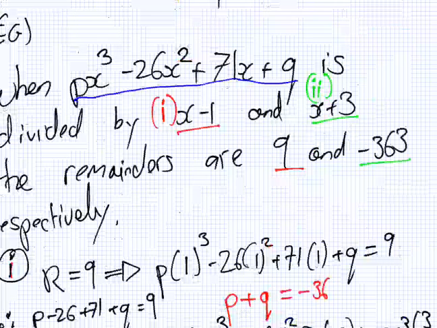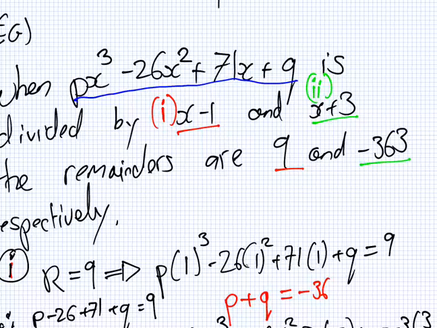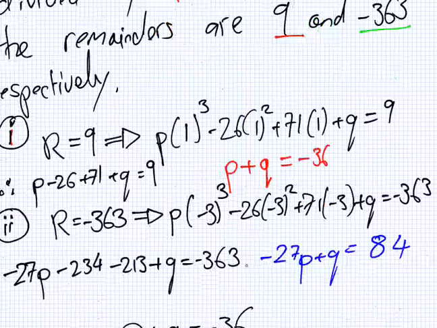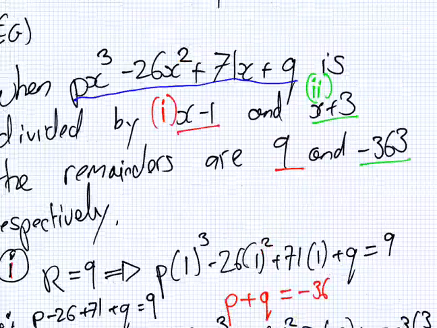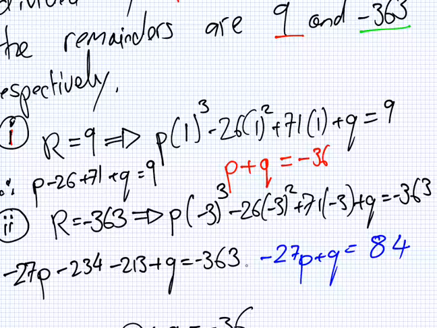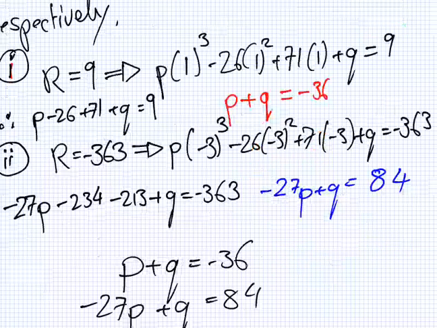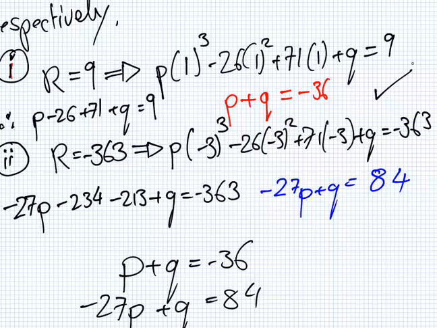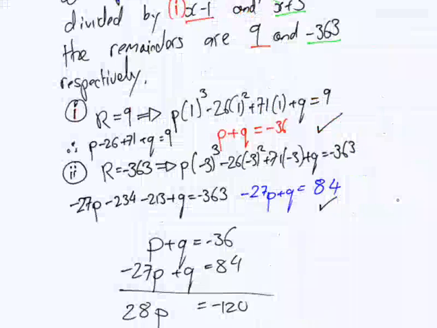When px cubed minus 26x squared plus 71x plus q is divided by x minus 1 and x plus 3, the remainders are 9 and minus 3, 6, 3 respectively.